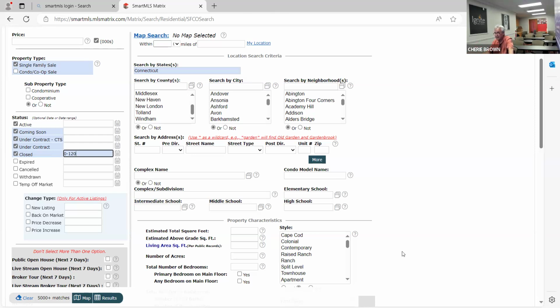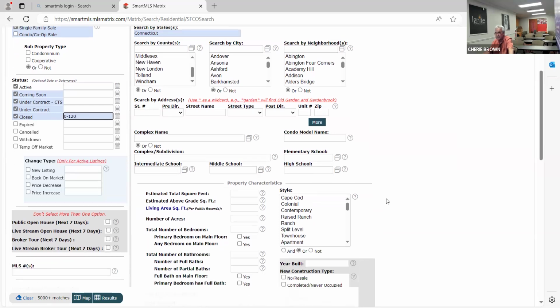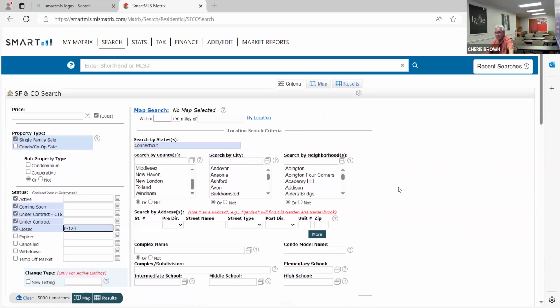If I only said give me 4 bedroom houses with 1.5 bath, it would totally narrow down the selection and I might miss other properties that could be good comparisons, just not exact specifications to my subject property.